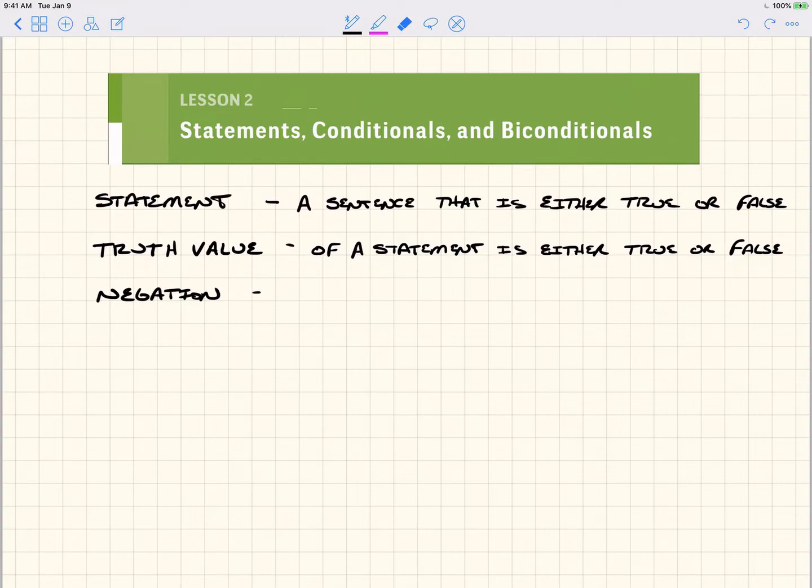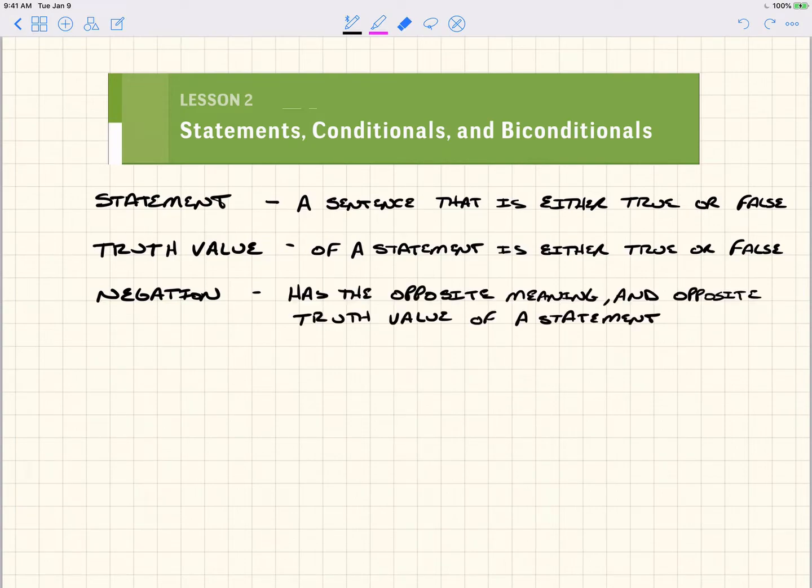It's not maybe, it's not sometimes. We have to assign a value of yes, this statement is true, or no, this statement is not true. And then the negation of a statement is a statement that has the opposite meaning and the opposite truth value of that statement.